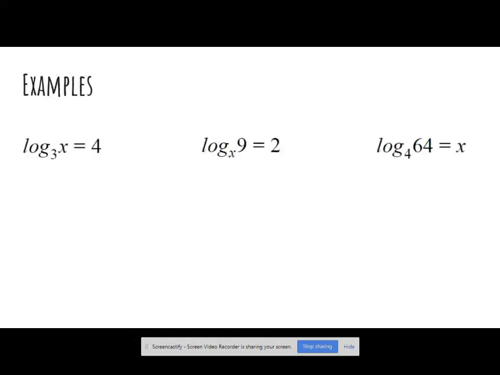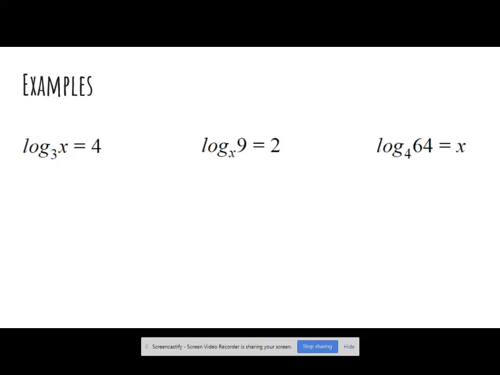Let's look at some more examples. I'm moving on from the historical end of it. I'll reference it again at some point. So if we were going to try and solve for x, you've got log base 3 of x equals 4, log base x of 9 equals 2, and log base 4 of 64 equals x.